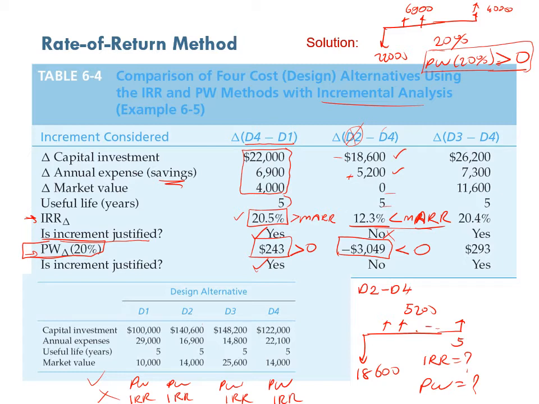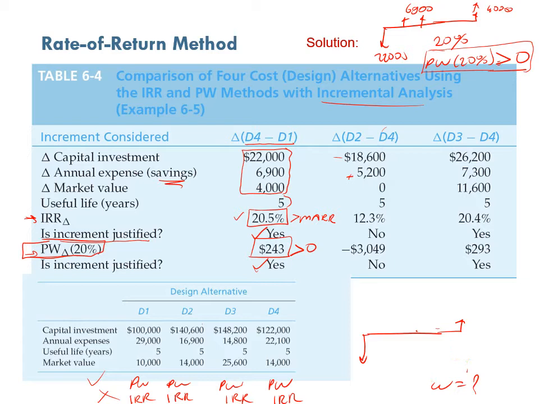And now at this step, we said that still D4 is the base project and we have one more remaining alternative, which is D3. D3 has the largest initial capital investment. And we will look at the difference D3 minus D4.